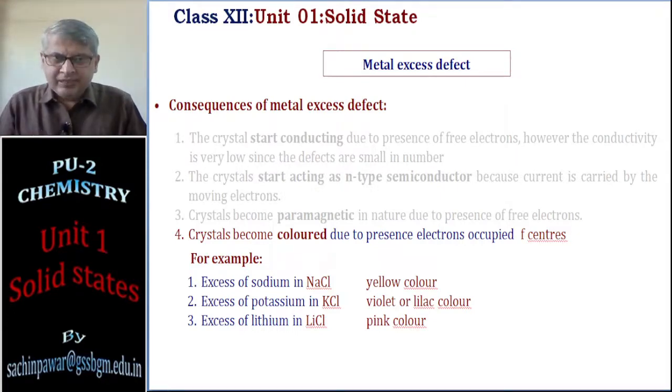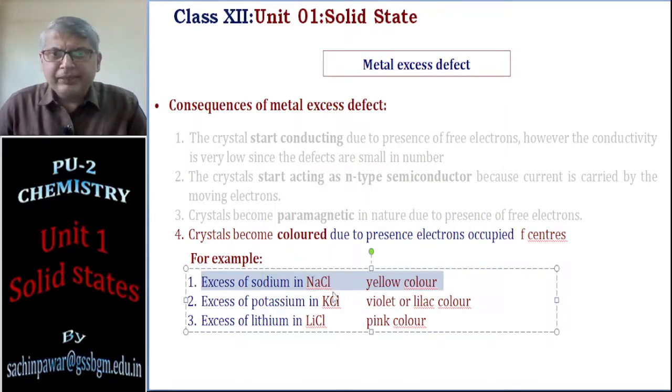Why does it happen? That we shall see in this particular example. I'll take the first example and explain why it happens, and then we'll go further into the next part. In excess of sodium, sodium chloride, even though it is white in color, appears yellow.